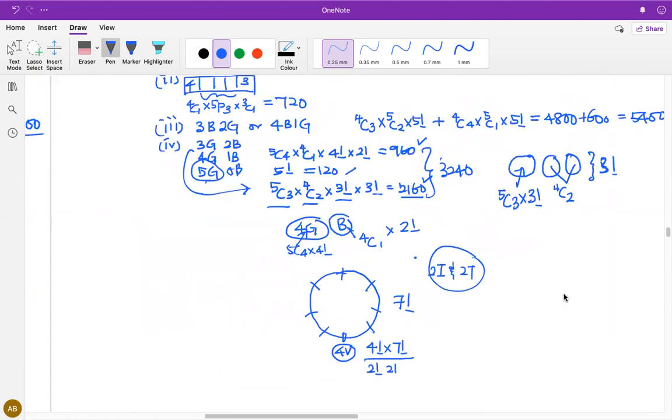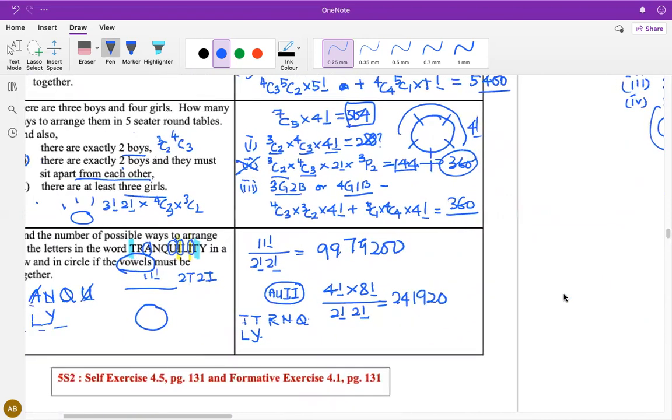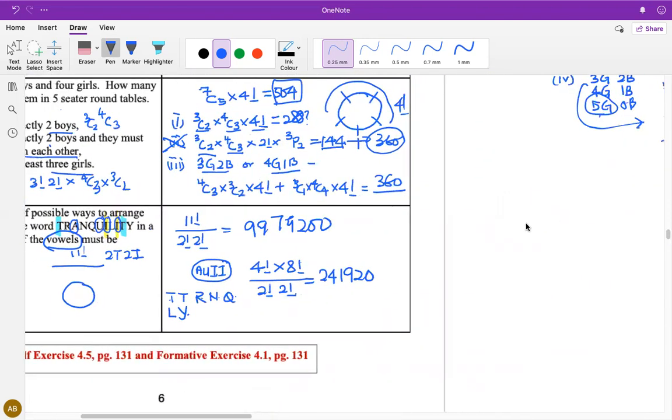All right, so next we arrange them in a round table. So round table. I choose the vowels together, and then the rest will be 1, 2, 3, 4, 5, 6, 7. So here it is 7 factorial times 4 factorial. Then you divide by 2 factorial, divide by 2 factorial.